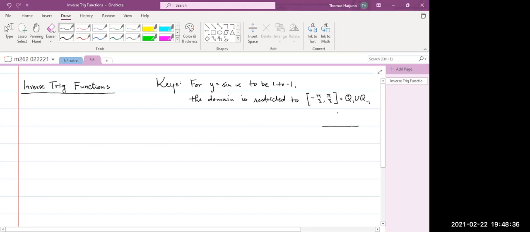Basically, on the quadrant system, it will be here and here.